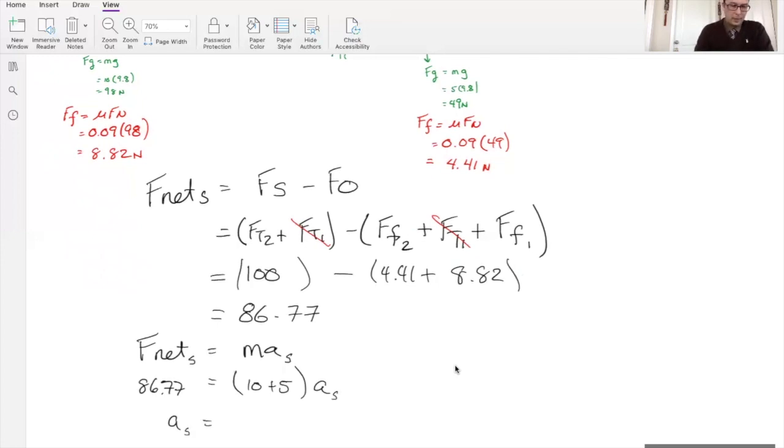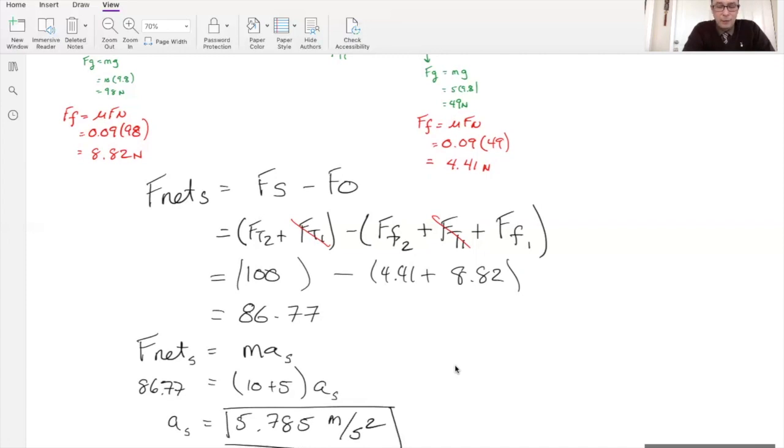Okay, so 86.77 divided by the 15. That's going to give me a 5.785 meters per second squared acceleration. That means both objects are accelerating with 5.785 meters per second squared to the right. Okay, so that's one of the things we were asked to find, the acceleration.